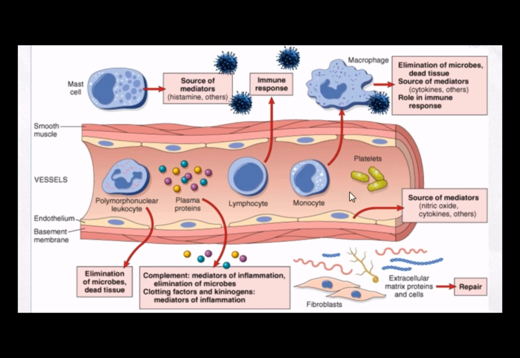When microbes enter a tissue or the tissue is injured, the presence of the infection or damage is sensed by resident cells, meaning macrophages, but also dendritic cells, mast cells. Then these cells can release mediators such as cytokines, histamine, and other mediators that induce and regulate the subsequent inflammation reaction.